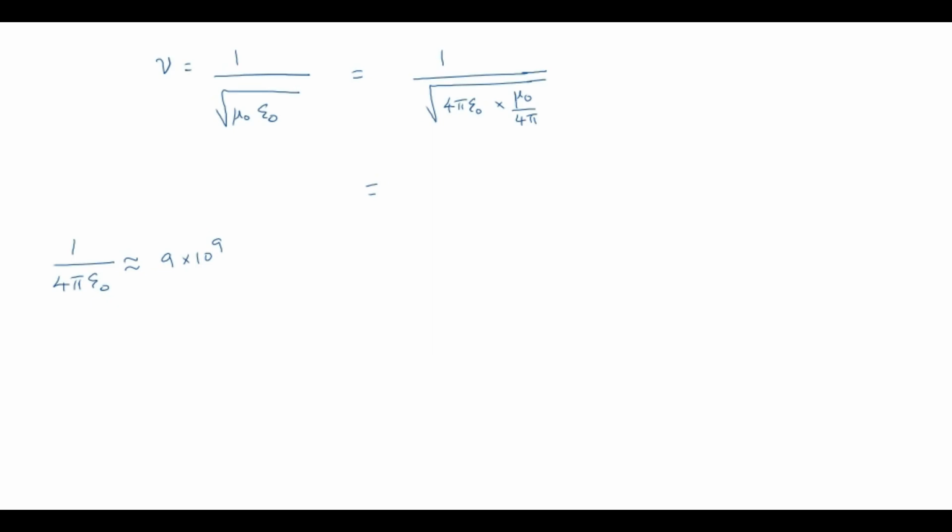Let me clarify the unit also. From Coulomb's law, F is equal to 1 by 4 pi epsilon 0 q1 q2 by r square, right? So 1 by 4 pi epsilon 0 has the unit of force times meter square by coulomb square, that is Newton meter square by coulomb square, right?